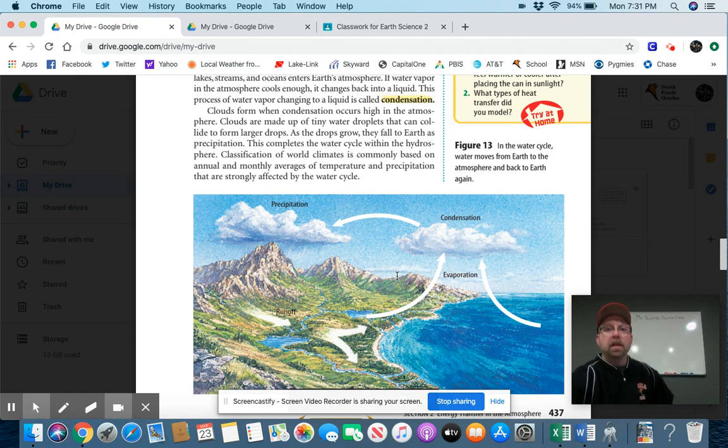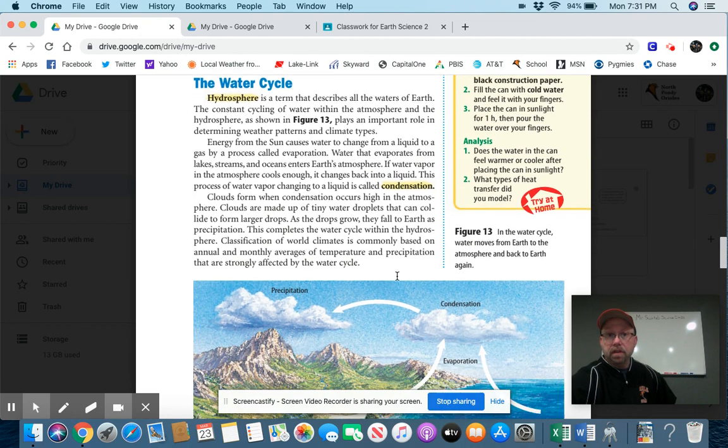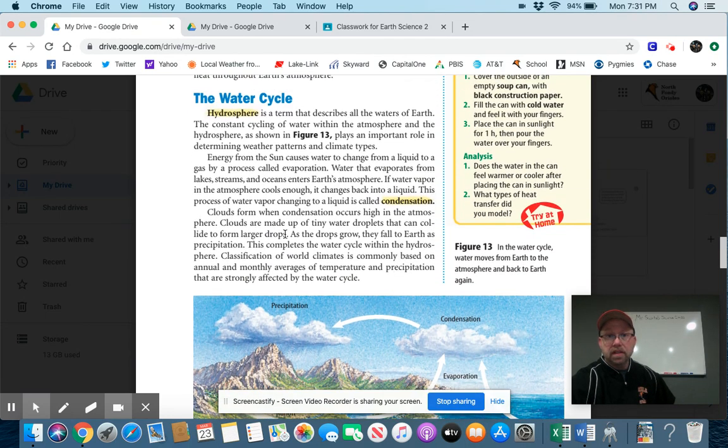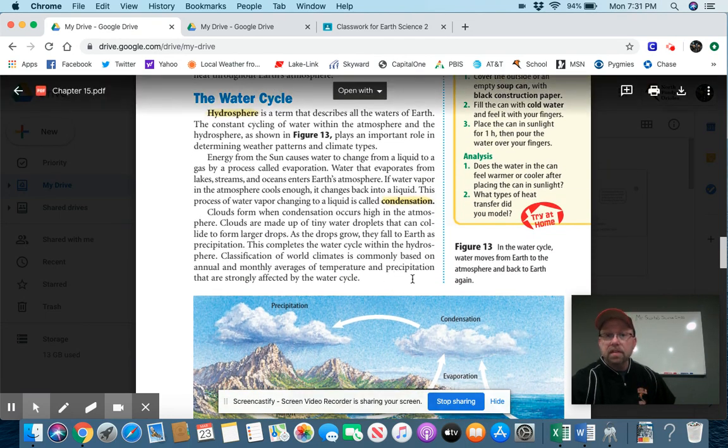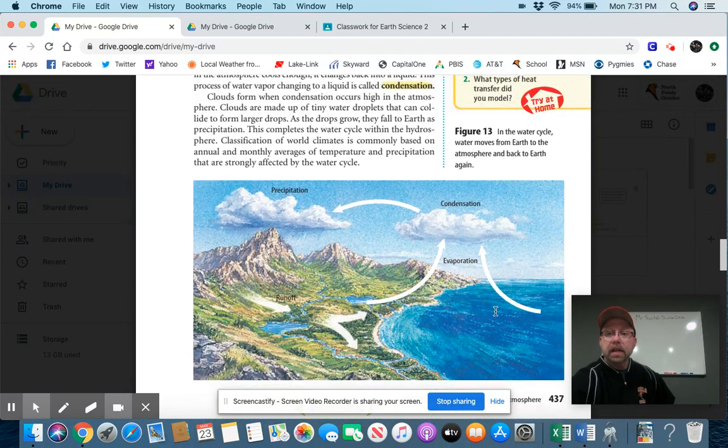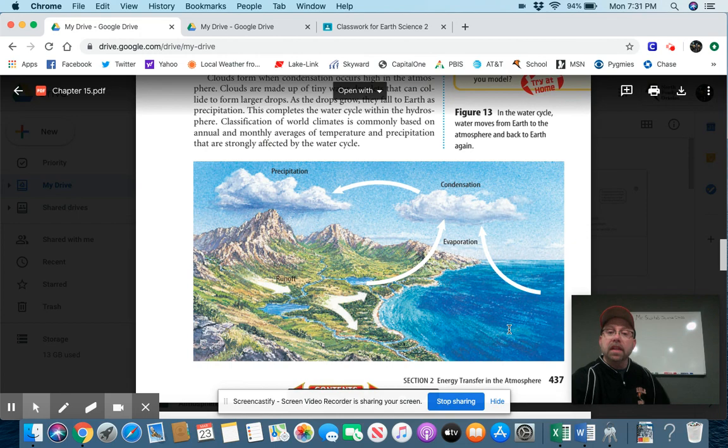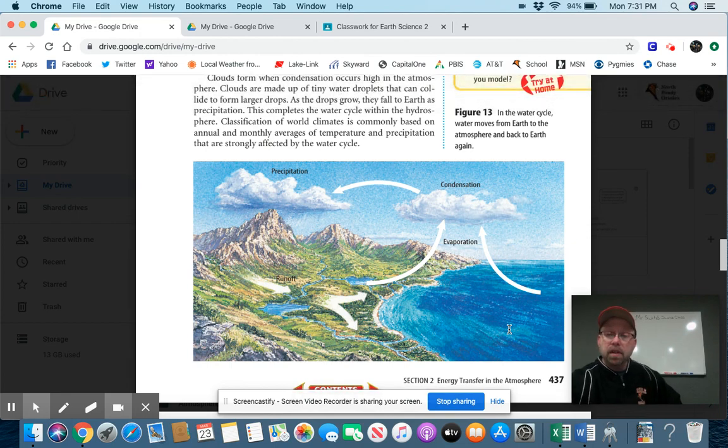So just a quick review of the water cycle. All of it together in your book, we call it the hydrosphere. Condensation, evaporation, precipitation, heating and cooling of water creates this cycle.